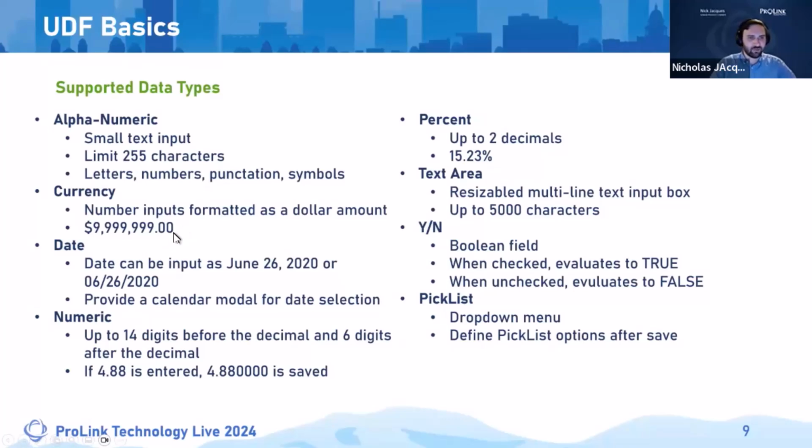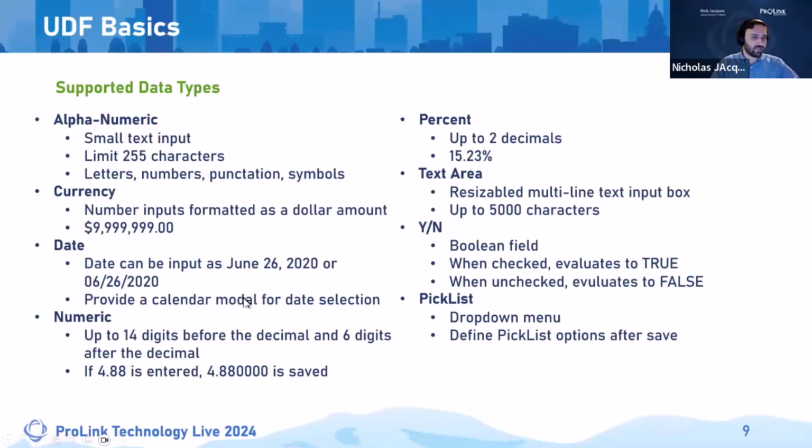Currency is pretty straightforward. It's just a number field formatted as currency, so you'll end up with the dollar sign and 2 decimal places. The date field is a pretty functional one. That will appear as a text input, and there is a calendar date picker that will pop up on that one.